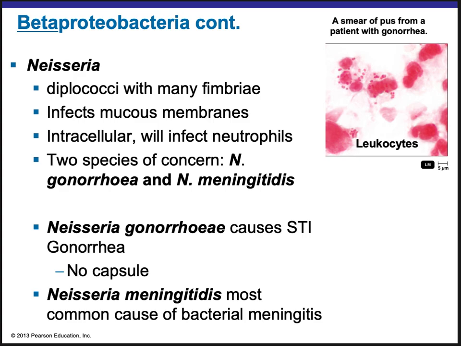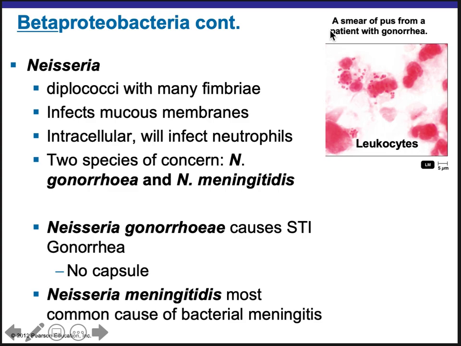In the upper right hand corner, you see these larger pink, I'll call them circles, even though they're all kind of different shapes. Those are leukocytes. And then the smaller dark spots all around are the Neisseria bacteria.